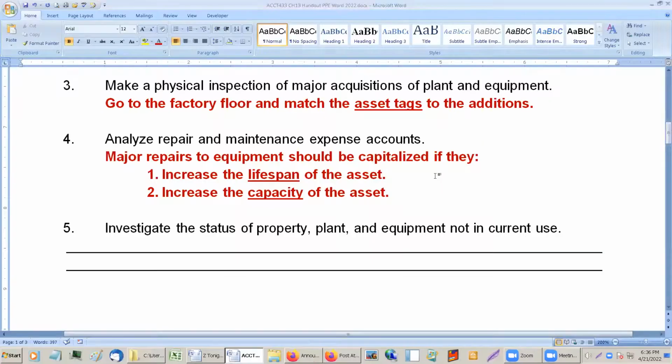Yeah. If you do that, it would increase the life of it, then you'd capitalize it. I don't know if I should go into the details of this, but I'll go ahead and do it. Generally, if it increases the lifespan, you decrease the accumulated depreciation.